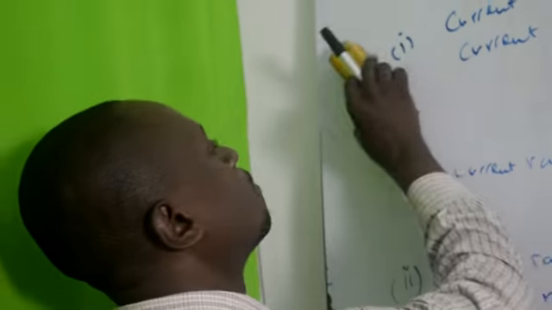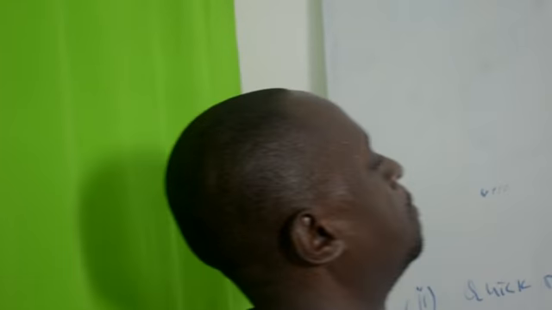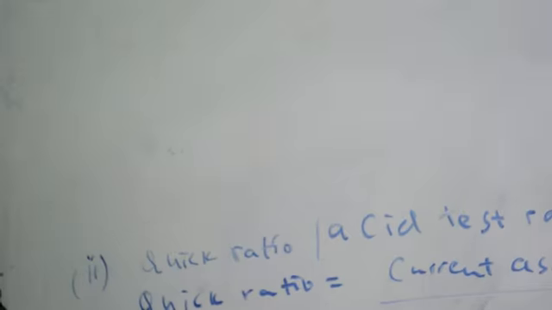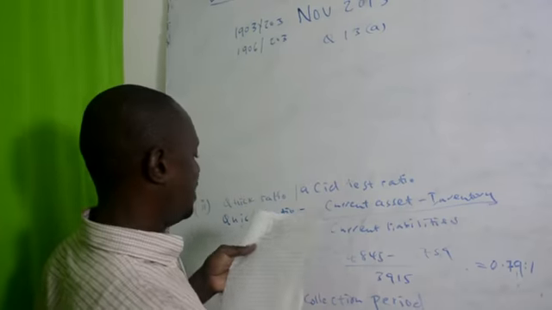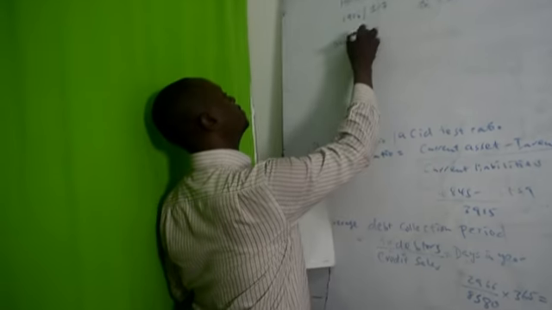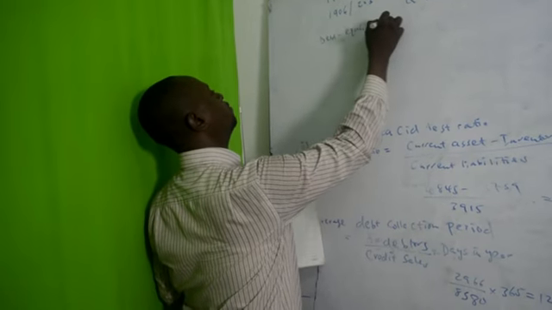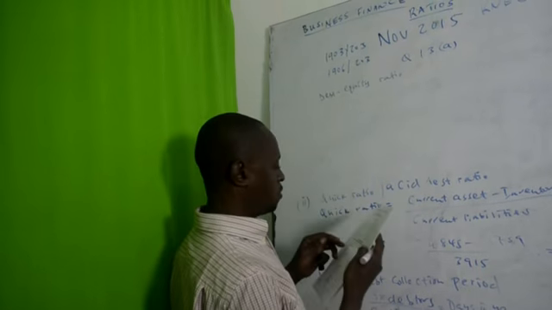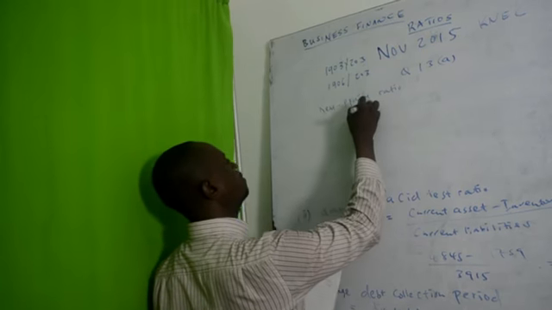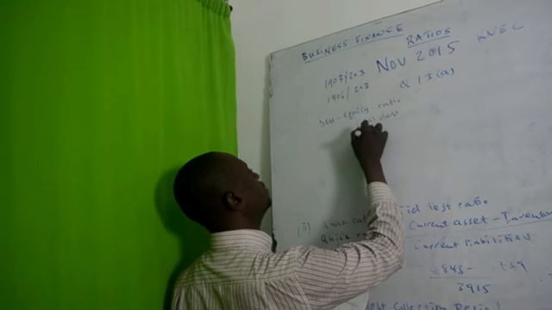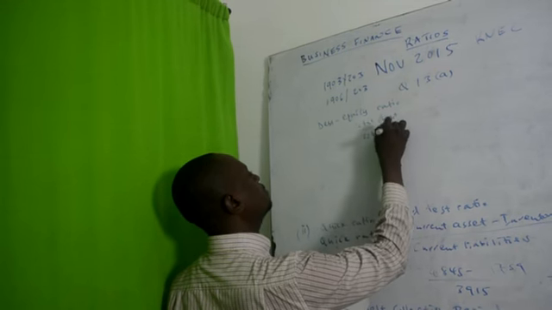Next, we have debt equity ratio. So we are simply going to take total debt over total equity.